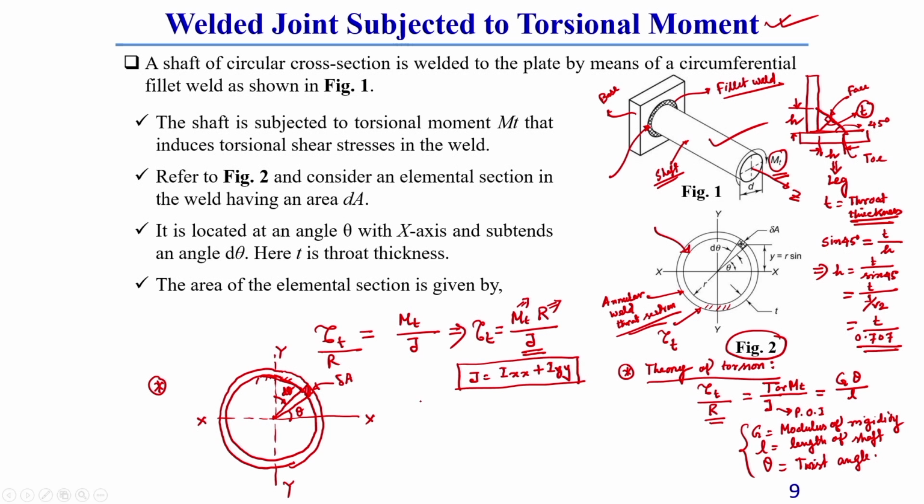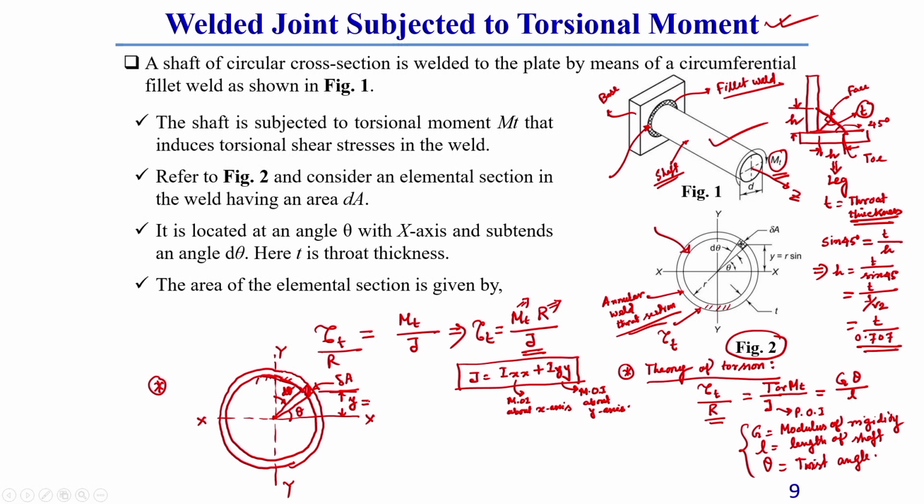Ixx is generally called the second moment of inertia about the x axis, and Iyy is generally called the second moment of inertia about the y axis. Now, about the x axis, the distance is let us consider y.